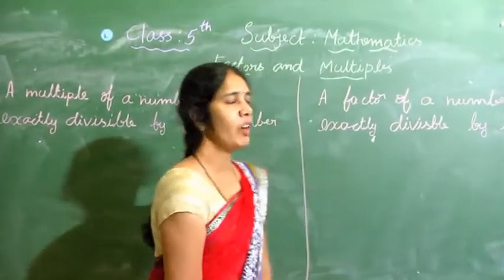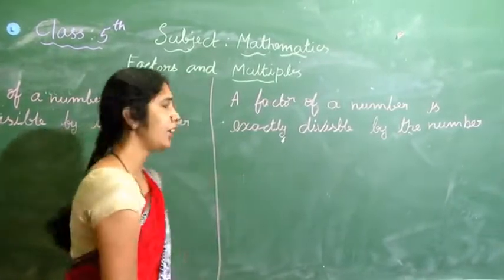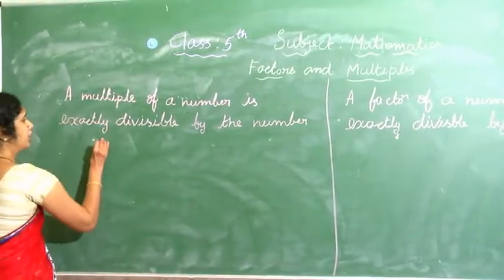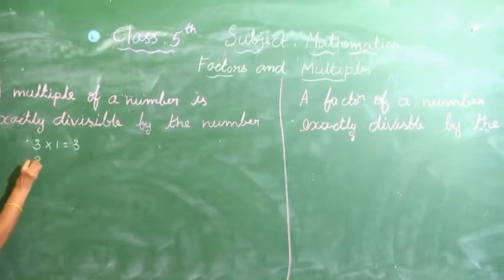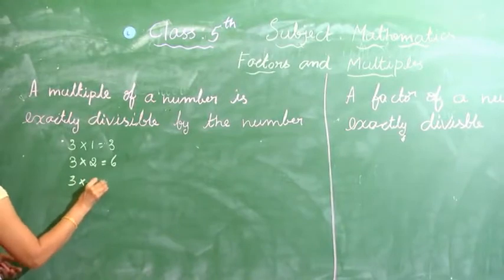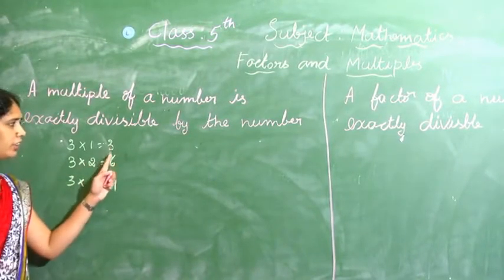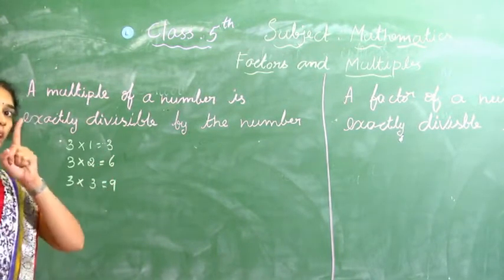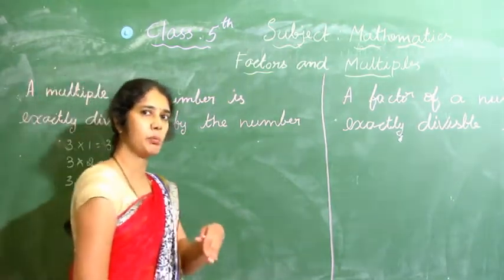Now what are multiples? Can you tell me? See, I will write here the 3 table. 3 ones are 3, 3 twos are 6, 3 threes are 9. Like it goes on. Whatever you get in the 3 table, these things we call multiples of 3.